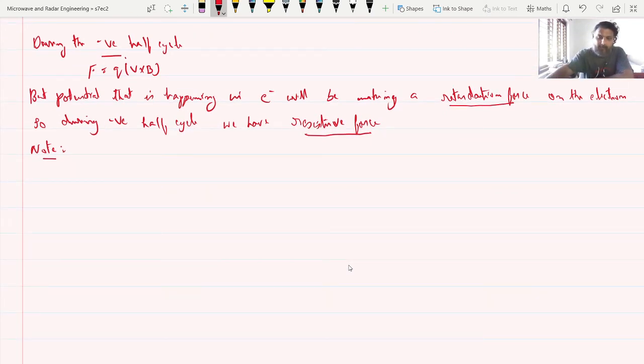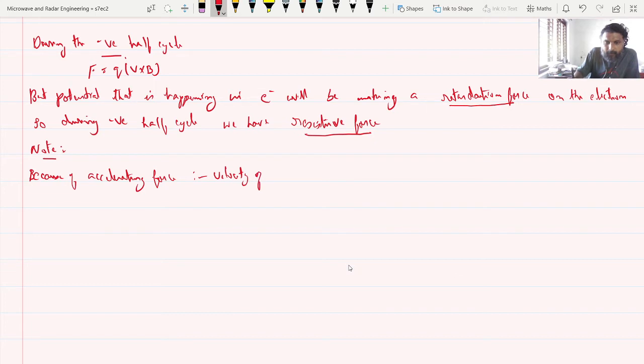Because of the accelerating force, what happens? The velocity of the electron increases, and because of the resistive force, what happens?